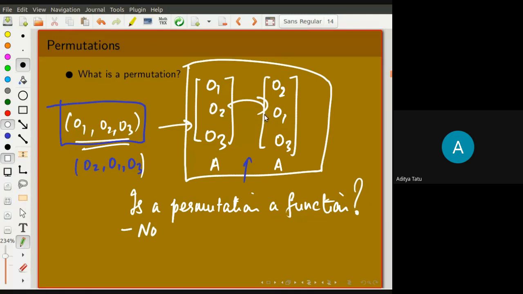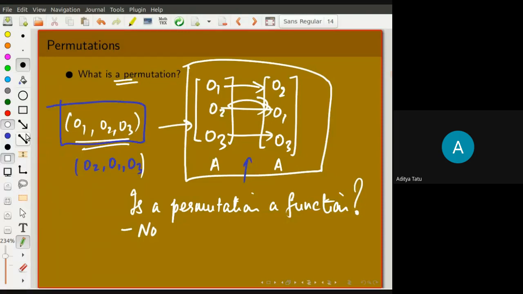Why is it not there? O1 goes to O2, O2 goes to O1. Yes, sir, we can think of it as a map, but here there is another possible way to arrange. So that would be another function. Yes, sir, it is a function. A permutation, right? I'm not talking of the set of all permutations.